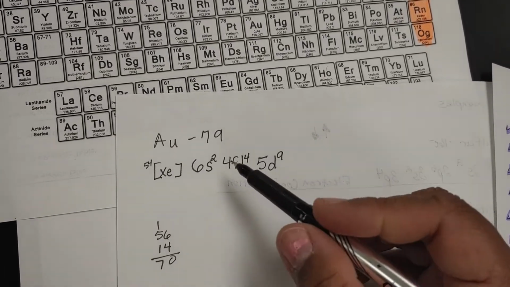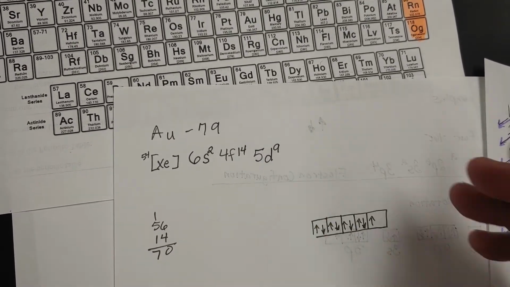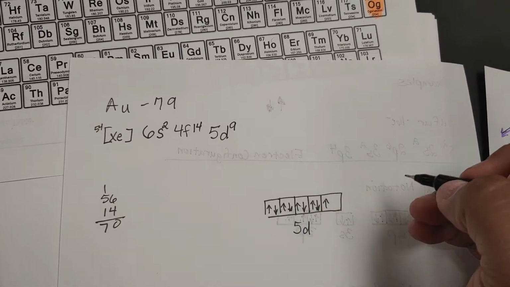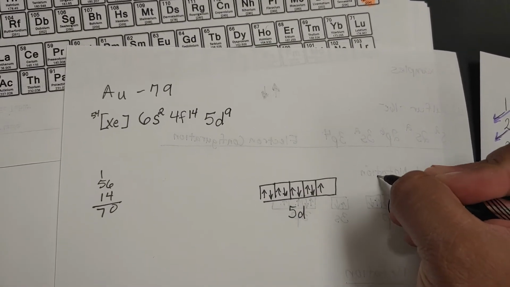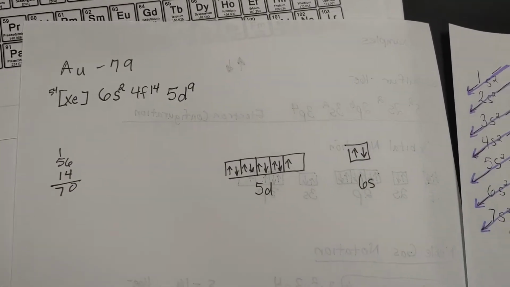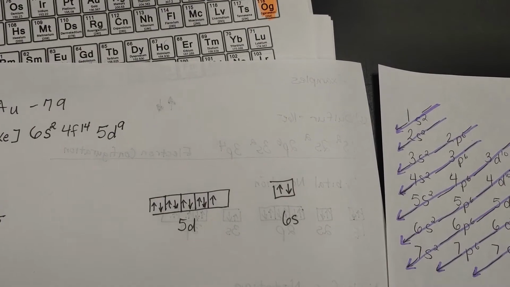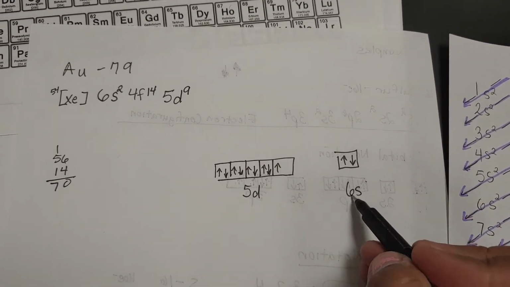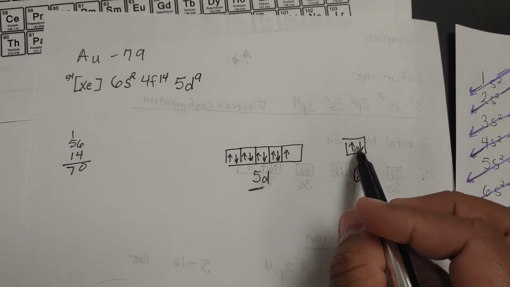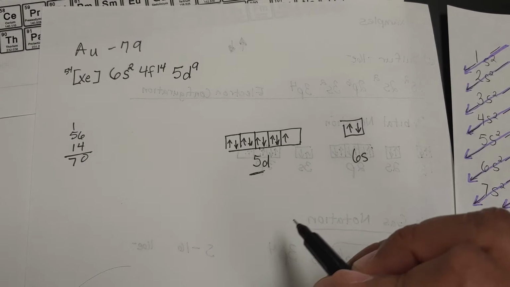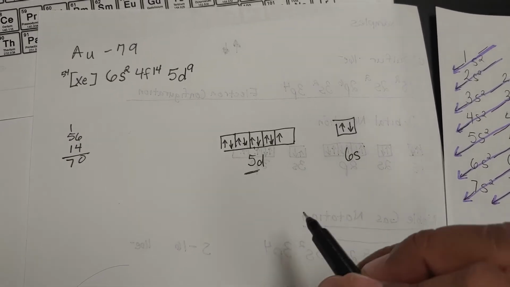Okay, and then our very last energy level is 6s, right? And it has 2. 1, 2. Okay. Well, it's more favorable to make sure that the previous energy level is full if it's close to being full by 1, or close to being half full by 1.